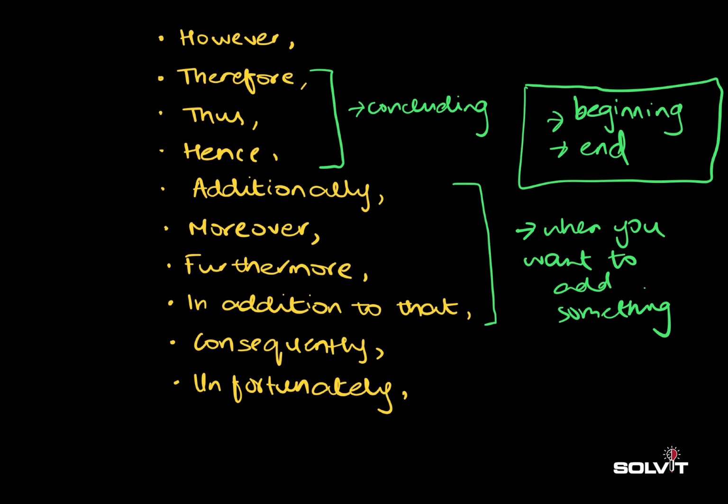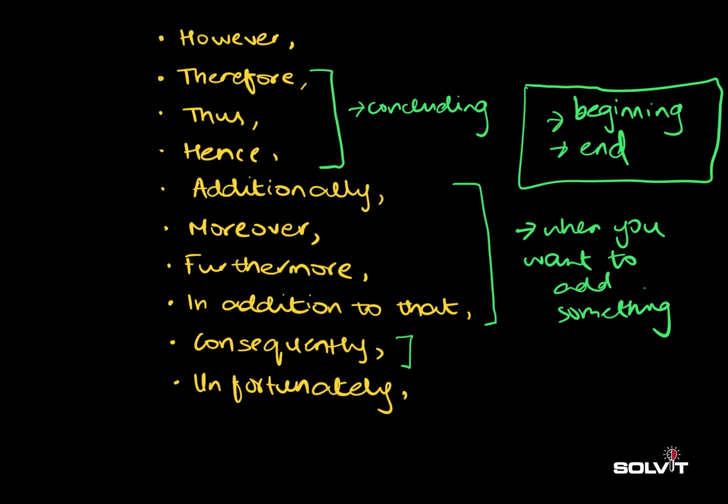Additionally, moreover, furthermore, or in addition to that. Then there is consequently, of course, as the word suggests, whenever you are writing something that happened in consequence to something else that you stated before, you have to use consequently, right?